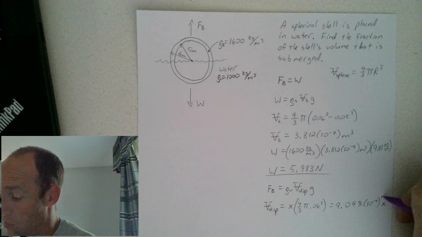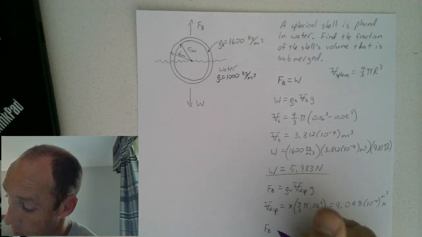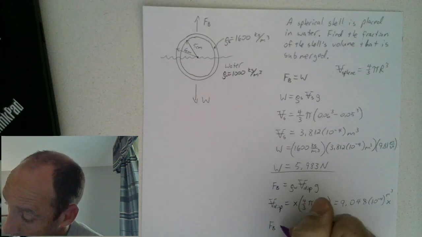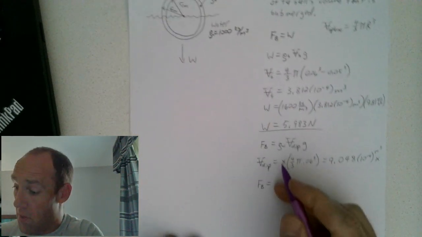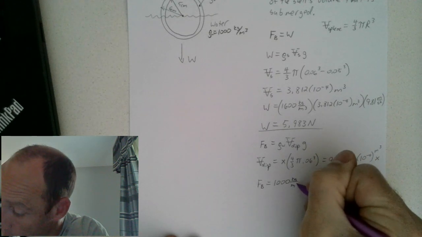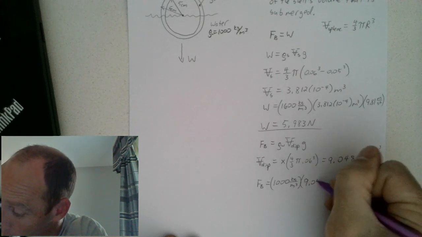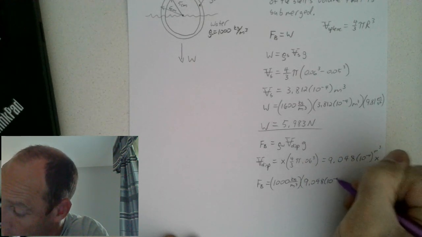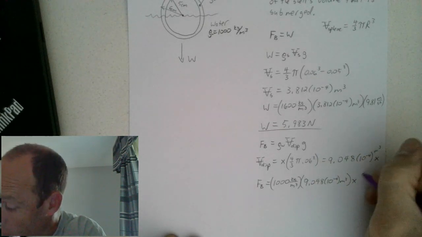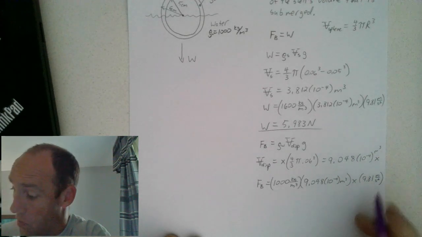And this will be meters cubed. All right, so the buoyancy force is equal to the density of water, which is 1,000, times the displaced volume times gravitational acceleration, okay?